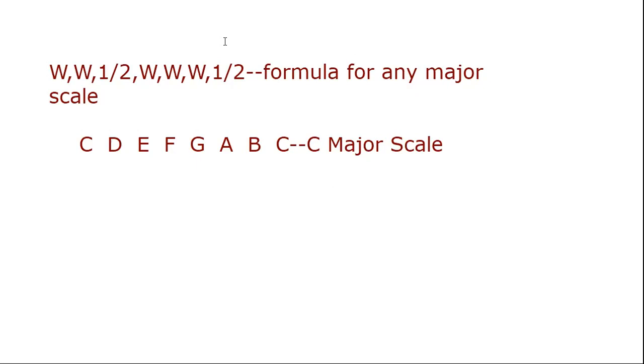I just really want to make sure that you understand what's going on here, so you have to put up with my bad drawing on this whiteboard. Between C and D, we have a whole step. Between D and E, there is another whole step. Between E and F, there is a half step.